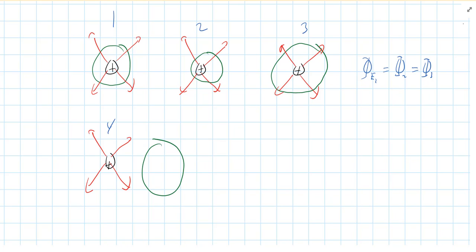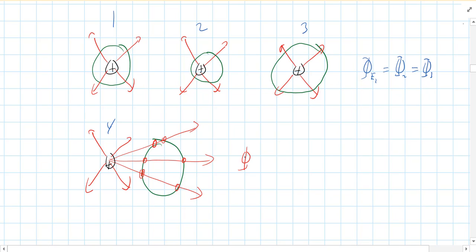What's the net flux entering or leaving that surface? I'm going to draw a few more field lines here just to show you what's going on. I hope that you would agree that for every field line that enters the surface, the same field line leaves somewhere else. Enters there, leaves there. Enters there, leaves there. So what's the net electric flux leaving this surface?